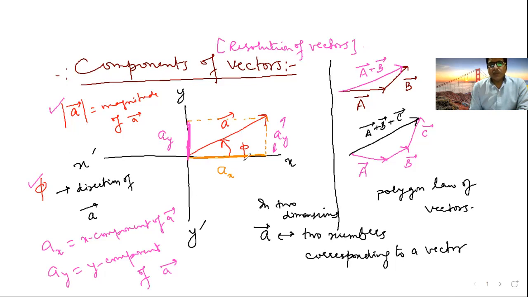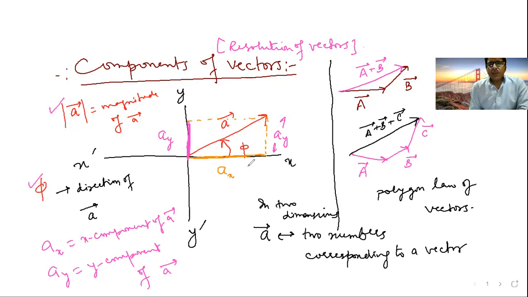Second is in terms of its rectangular components, ax and ay. Similarly, in 3 dimensions, I said there are three numbers corresponding to a vector. One gives magnitude and two others specify the direction. And in component method, there will be three components, ax, ay, and az, specifying the vector.